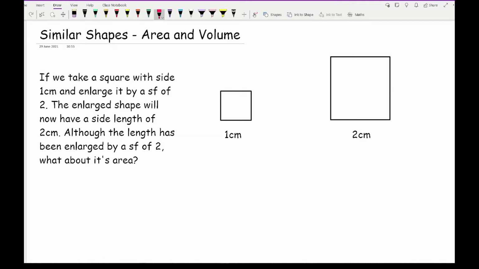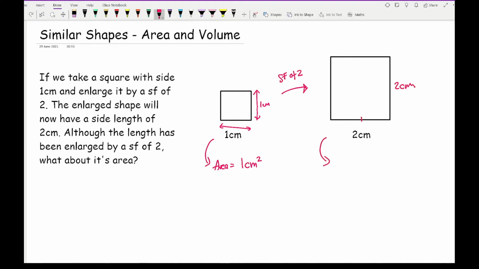So in terms of this, we can see that this square has a length of 1 cm, and that would also be 1 cm. So this square has an area of 1 cm squared. Now if we enlarge this by a scale factor of 2, then the length will now be times 2, we get 2 cm.